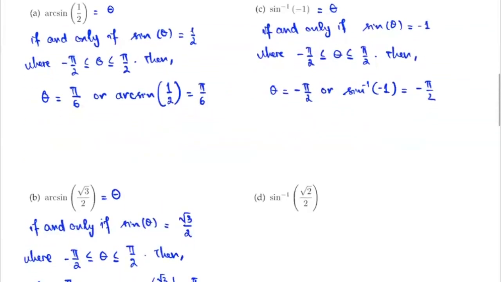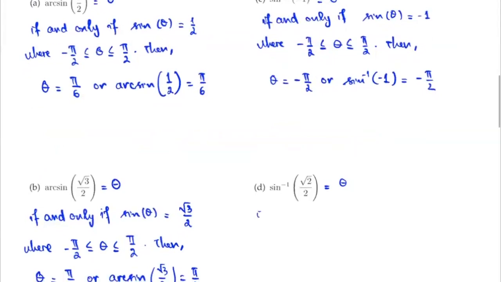Now in the last problem, inverse sine of square root of 2 over 2 is equal to theta. I'm looking for the angle theta such that sine of theta is equal to root 2 over 2.